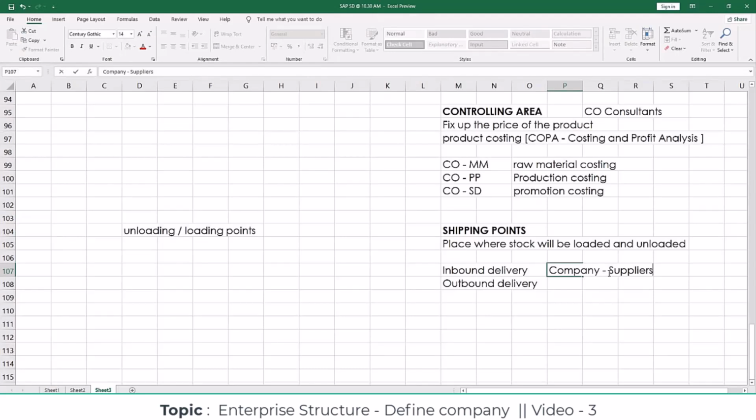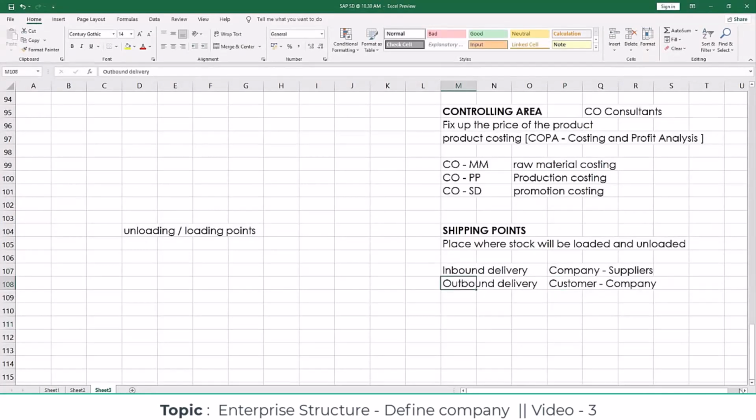So when a transaction is done between company and supplier, we call it an inbound delivery. When a transaction is done between customer and company, whenever a customer places an order, the company needs to issue it. That means stock is going out of the company. Then we call this an outbound delivery. So inbound, stock coming in; outbound, stock going out.